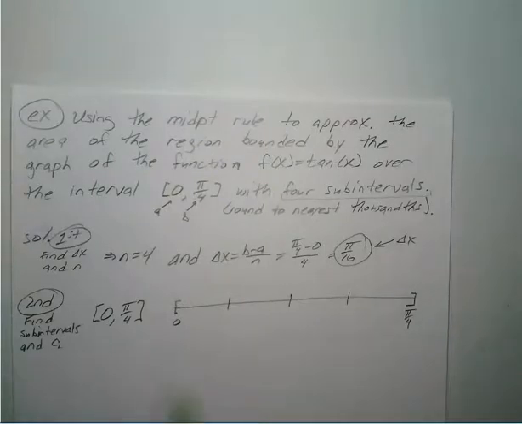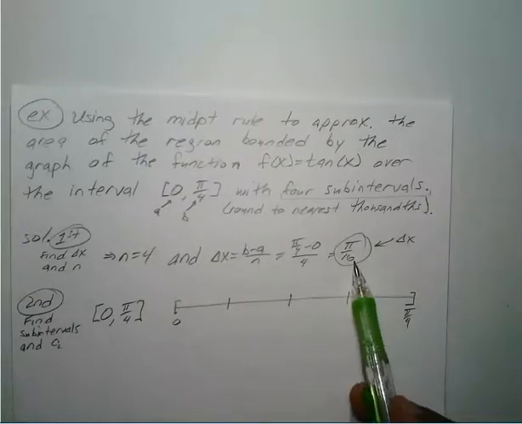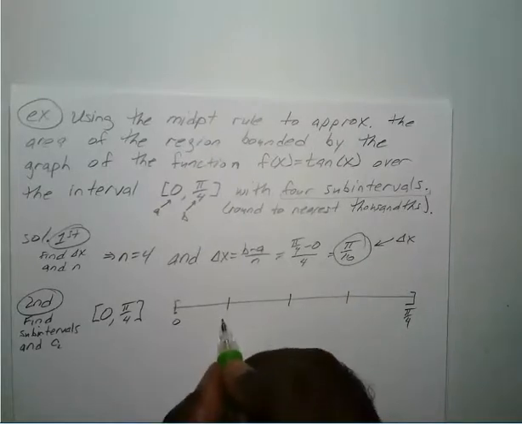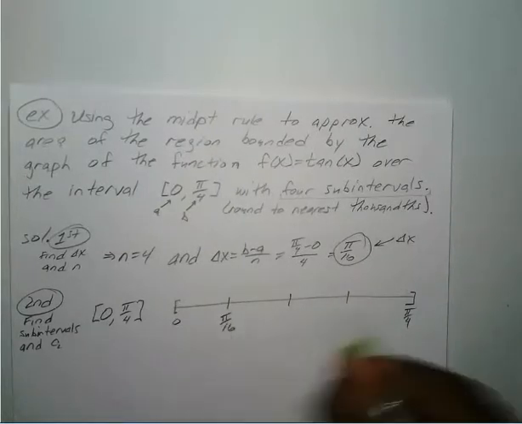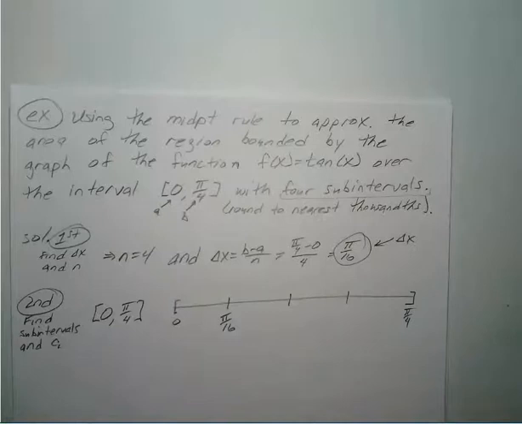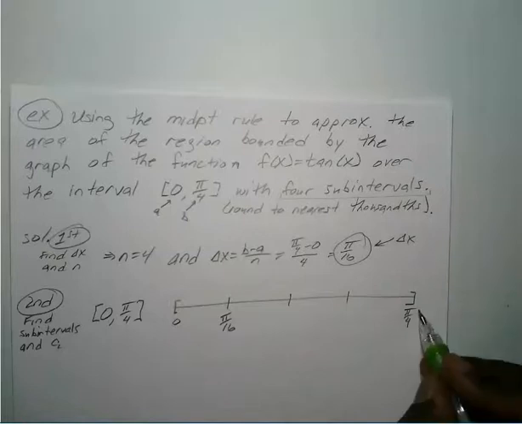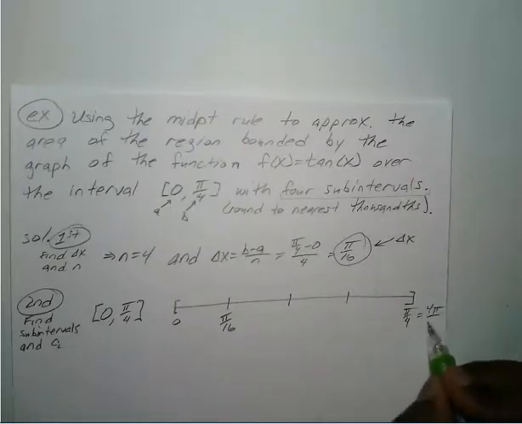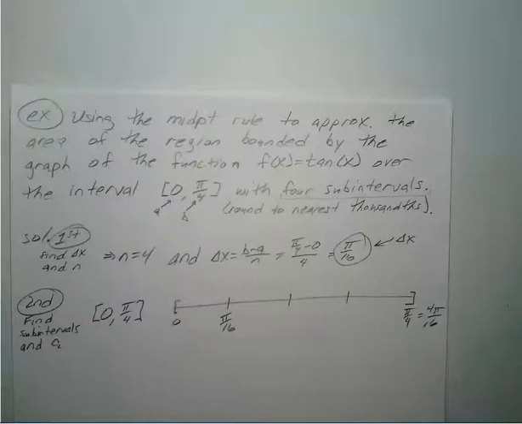Okay, so you already know from 0 to pi over 16 is going to be this interval here. So this is going to be your pi over 16. Now, what you want to do is have all of them with the same denominator. So if you multiply this by 4 over 4, that'll give you 4 pi over 16. And then from there, it's just counting your numerator.